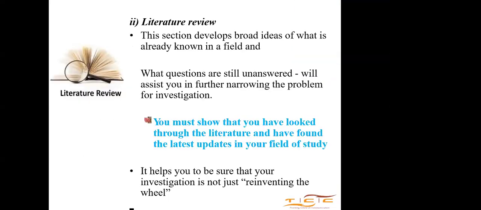Then we have the literature review section. We've talked about this a little bit. The literature review section develops broad ideas of what is already known in our field and what questions are still unanswered. You remember when we started, we said that the first part of the proposal, the introductory part, could have several other sections depending on your field.